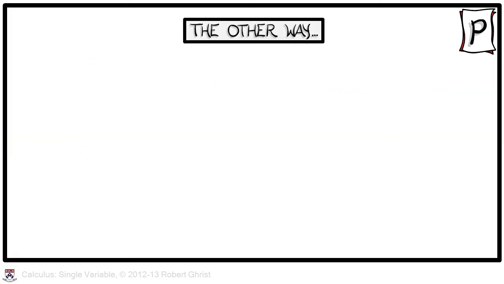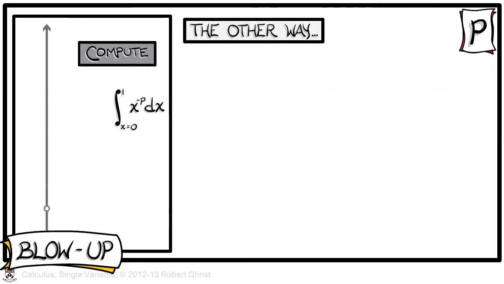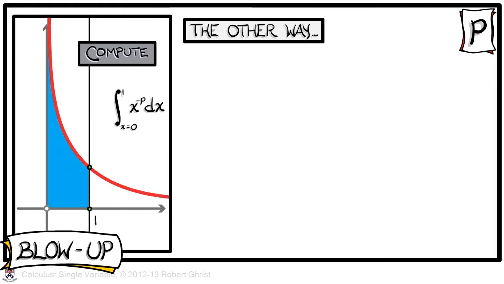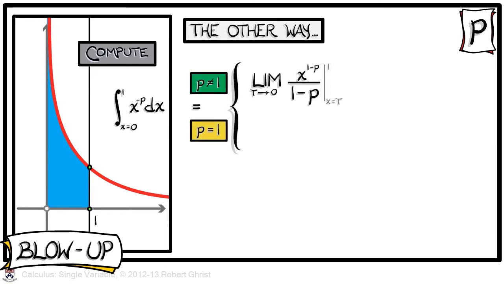Let's do it the other way and look at a blowup instead of a tail singularity. Consider the same integrand, x to the minus p, but now integrated as x goes from 0 to 1. Well, doing the integral yields the same antiderivative. We just need to evaluate our limits differently.